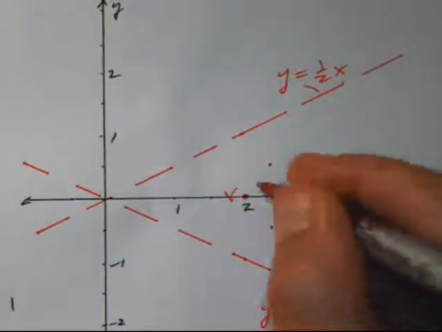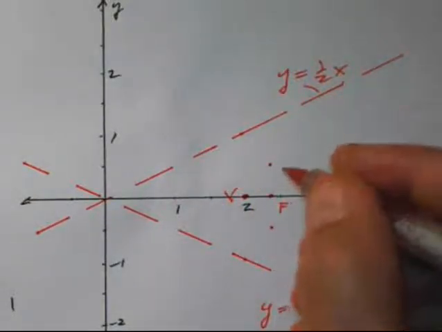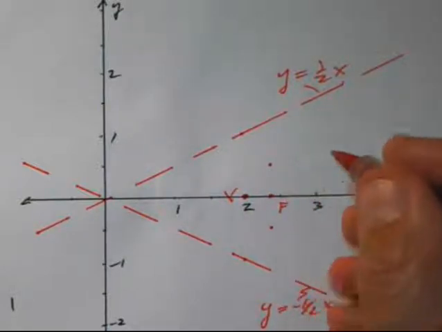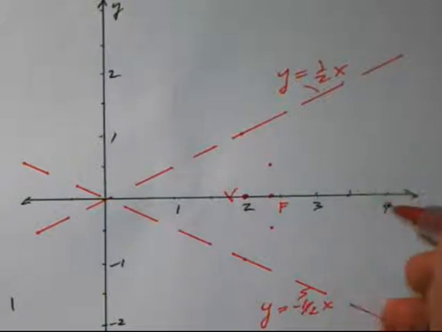To get a nice hyperbola sketch, it looks like I would like to have at least another point here. So this way I'll just get it the old-fashioned way. I'm just going to let x equal 4 and see what y becomes.